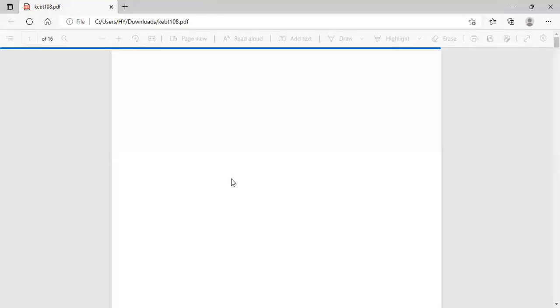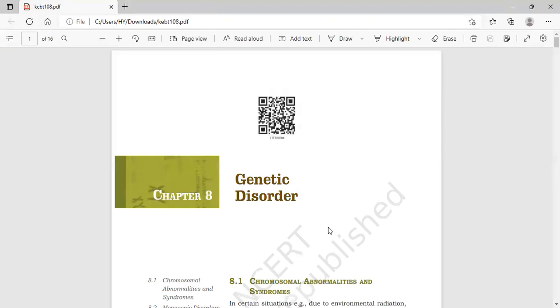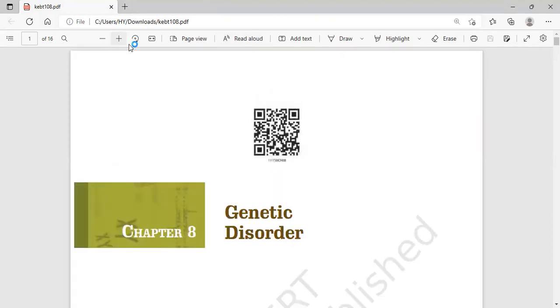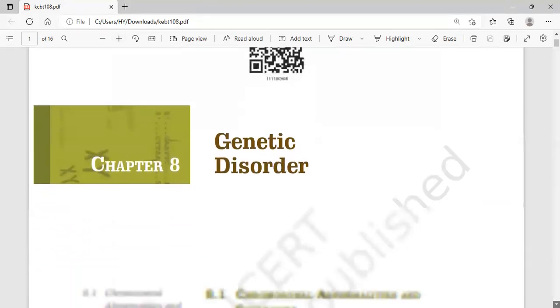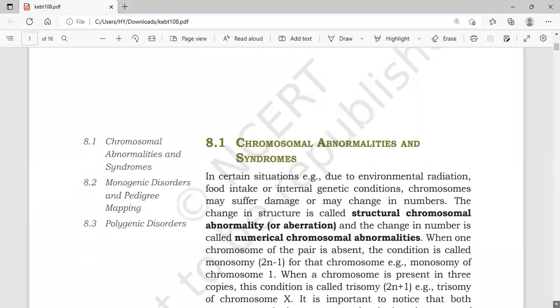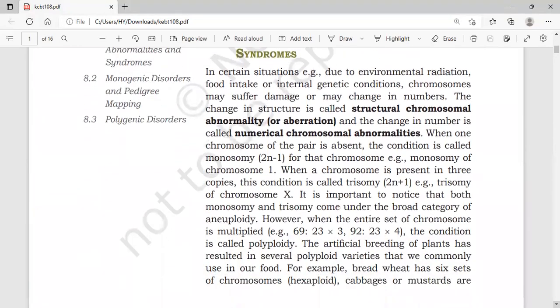Previously we have done bioenergetics and enzymes, and now this is genetic disorders, chapter 8. Chromosomal abnormalities and chromosomal disorders also come in the genetic disorders, the syndromes.